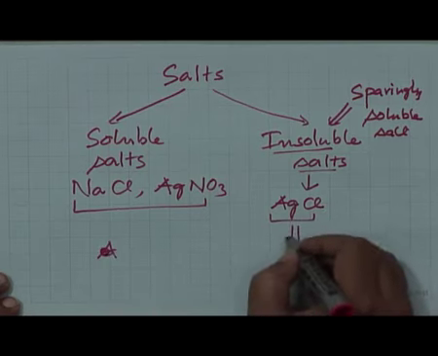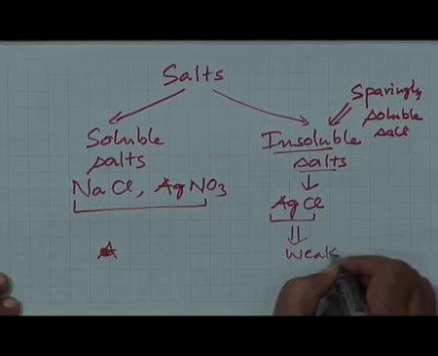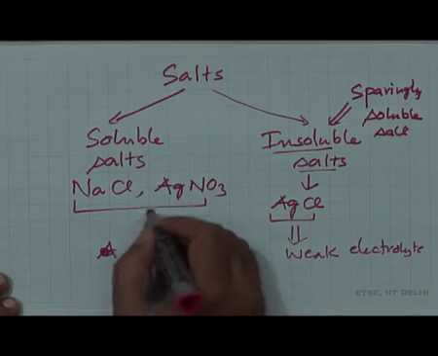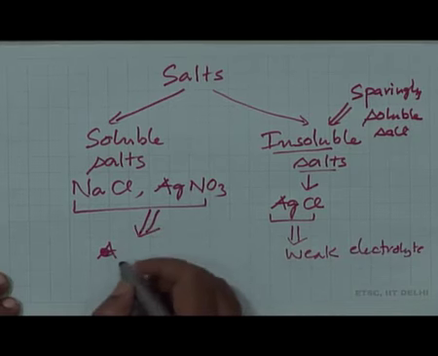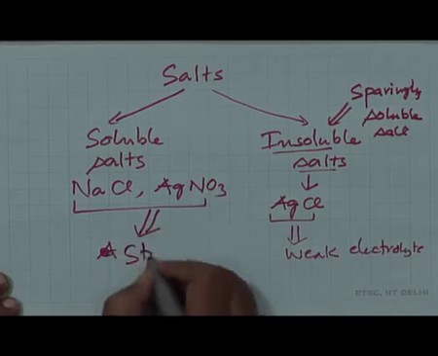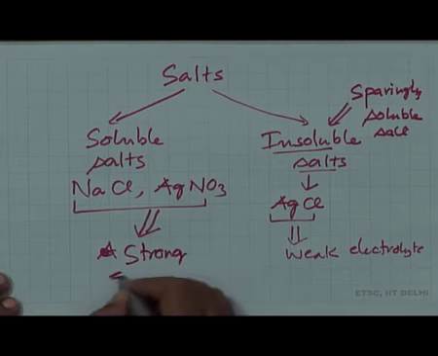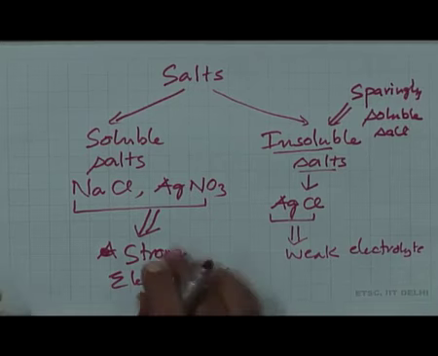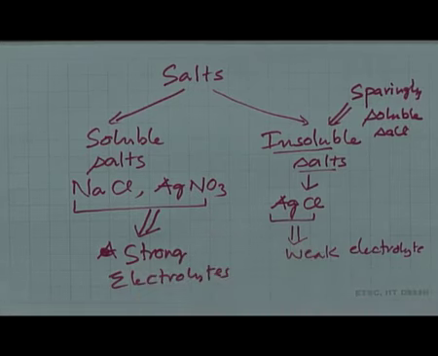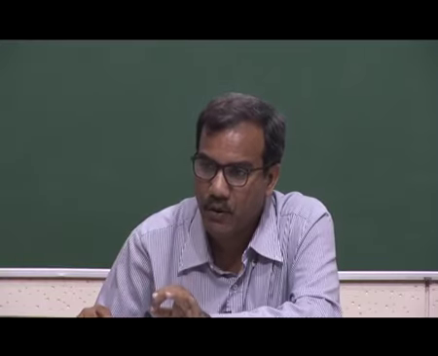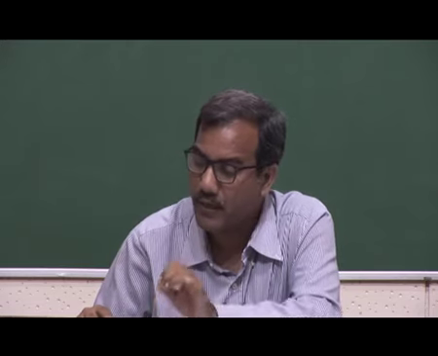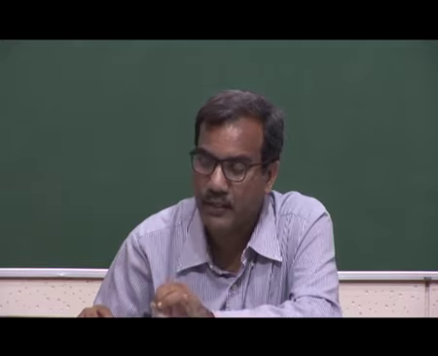Sparingly soluble salts are weak electrolytes, whereas soluble salts are strong electrolytes. So, salts can be of two types: soluble salt, insoluble salt. Soluble salts are strong electrolytes, whereas insoluble salts are weak electrolytes.